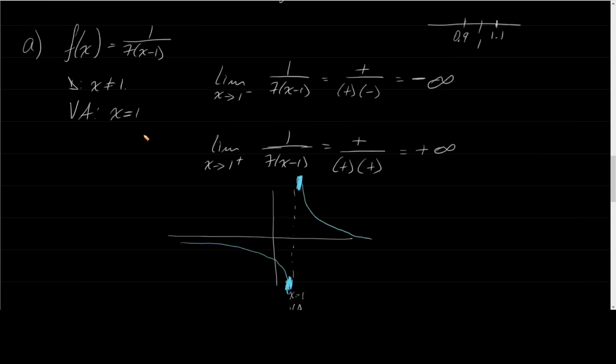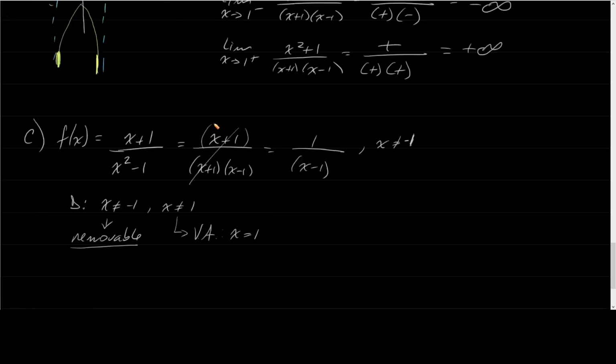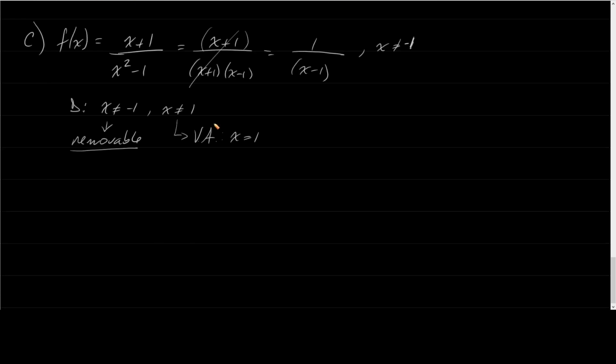But our theorem up here said that when we plug into the top, f of x's top, we cannot get 0. It's only when we plug it into the bottom that we get 0 for this theorem to work like that. So that's another way to think about why that would be a removable discontinuity versus a vertical asymptote.